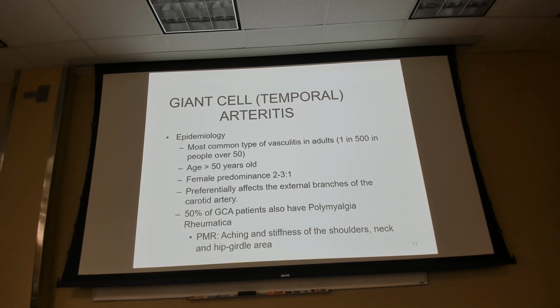You would know that it is the most common one because so far in all of the physical examination, this is the only one that we have been throwing out there for you to know and to look for. The female predominance is 2 to 3 versus 1.